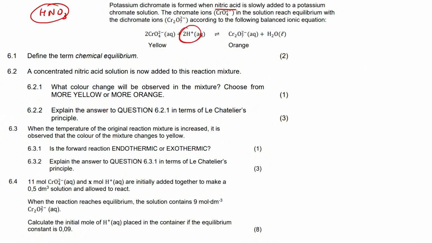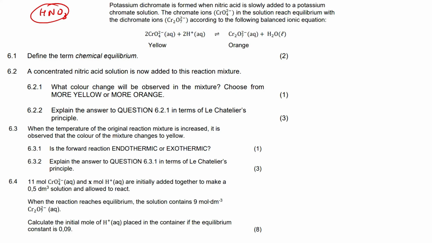They've just shown the hydrogen ion part, because that's the part that actually reacts. So let's read that again. Slowly added to a potassium chromate solution. Okay, so they've also left out the potassium part. They've just got the chromate. The chromate ions reach equilibrium with the dichromate ions according to the following balanced ionic equation. Okay, so they already tell us it's balanced, and we can see it's an equilibrium.